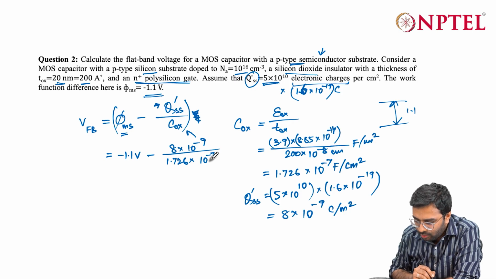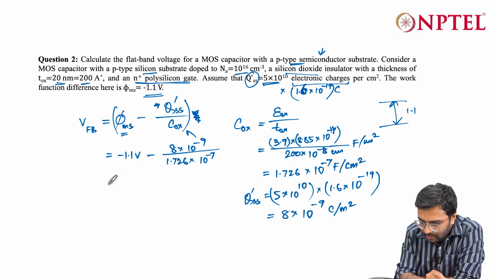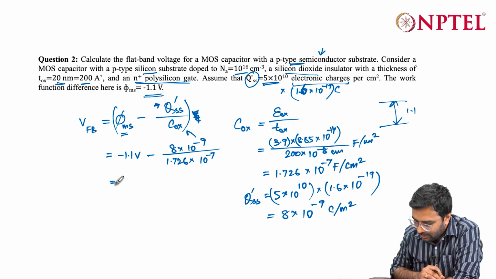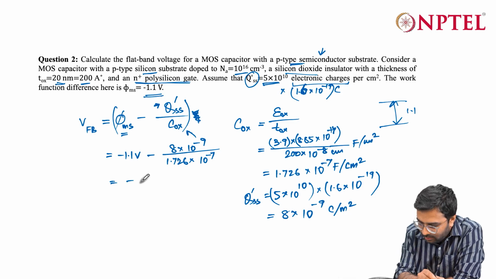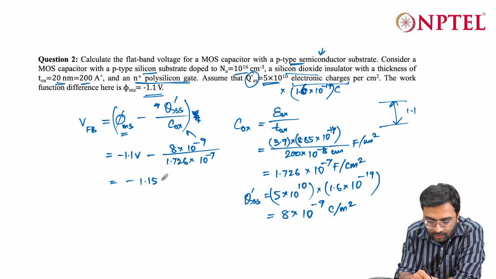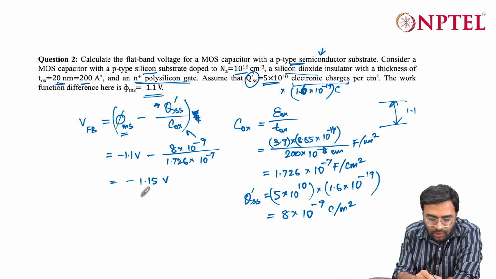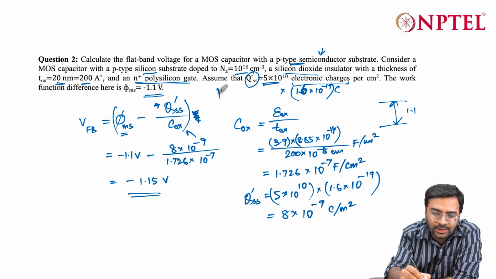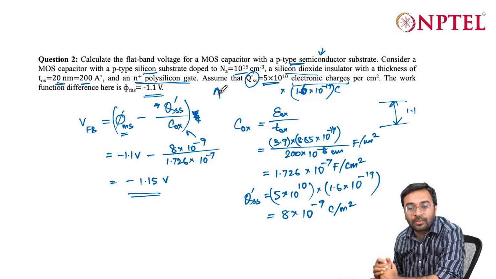Now, if you do this calculation, you will get that the value is minus 1.15 volt. So, this is what your flat band potential is in this case.